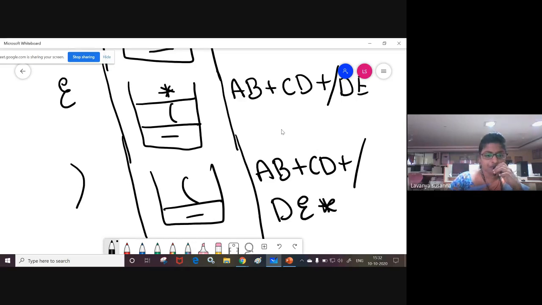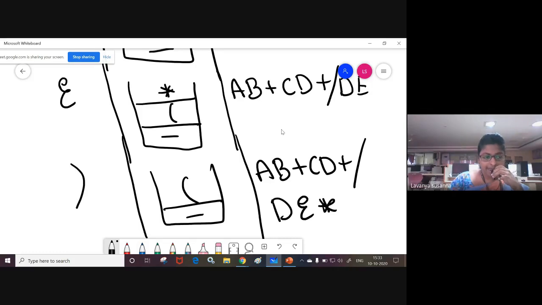If you got closed bracket, you need to pop the topmost element, pop one by one. First delete the topmost element and add it to the postfix array. Next, you need to delete another element, but what is the topmost element? Open bracket. You need to delete up to open bracket. There is only one symbol, star.